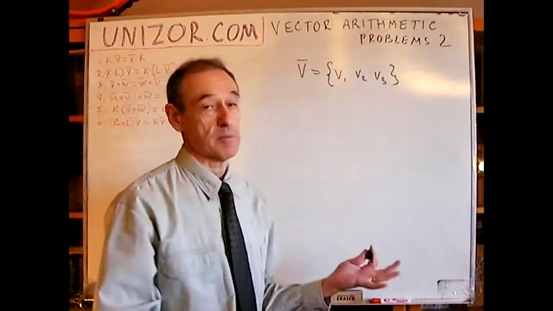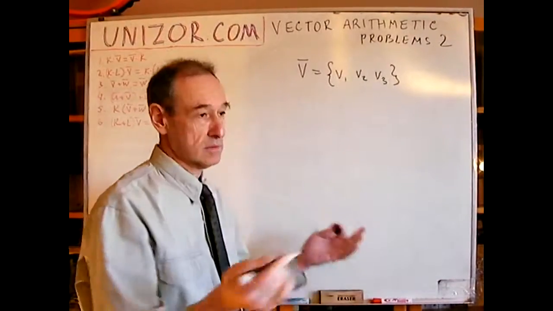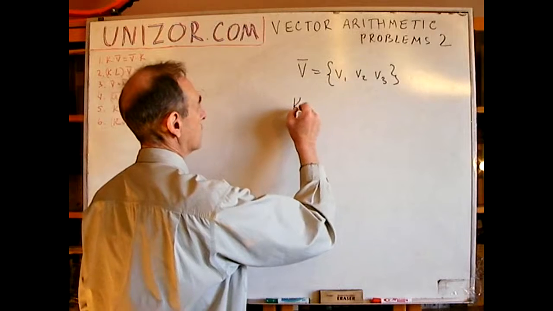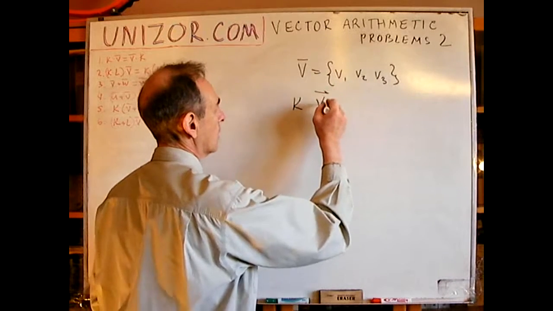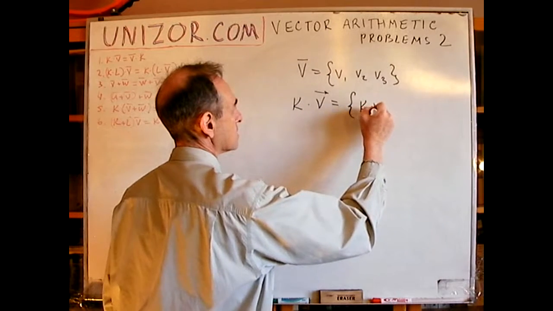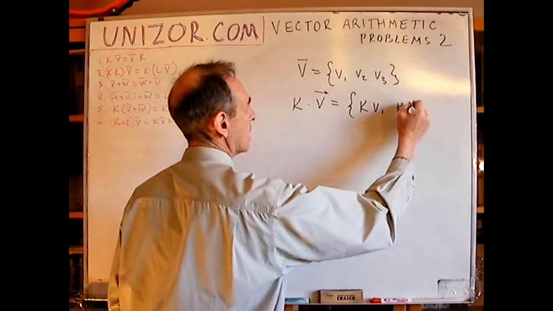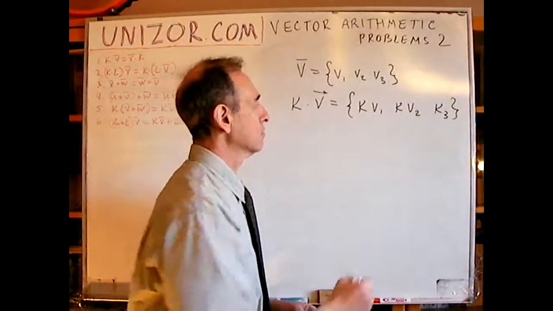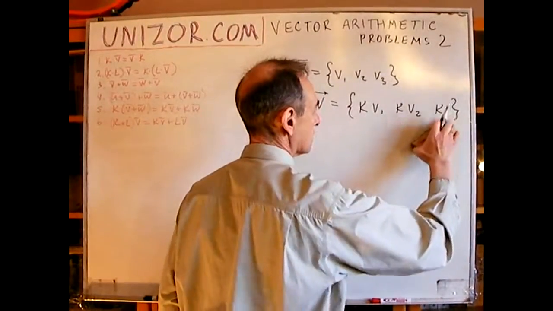Well, this is a three-dimensional vector. Actually, it's exactly the same with two dimensions, etc. Then multiplication of this vector by a constant can be expressed in the tuple representation as multiplication of each coordinate by the same constant.